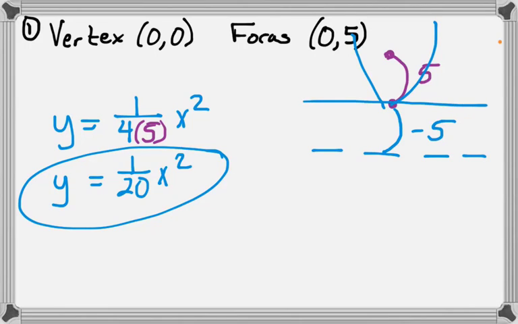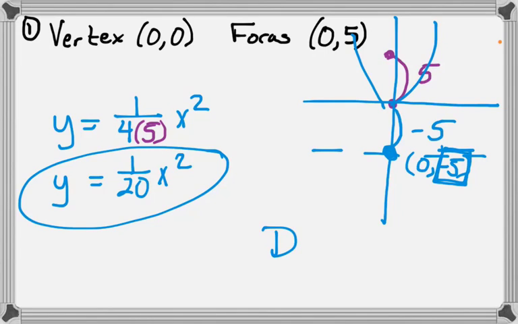That would make this point here at 0, negative 5. But the directrix is an entire line, so if I need to write an equation of a line where every value is negative 5 for y, that means my directrix is y equals negative 5.